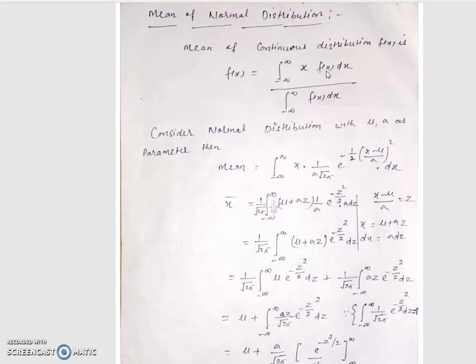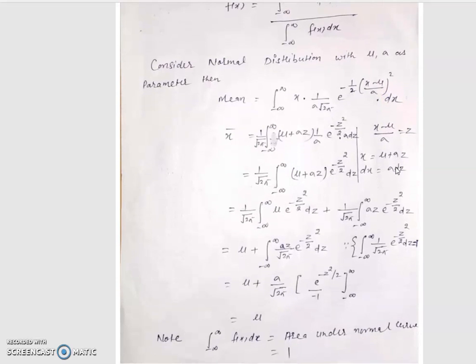This f(x) is the normal distribution. Then the mean value is the integral of x times f(x), where f(x) is 1 upon sigma root 2 pi times e to the power minus half of ((x minus mu) upon sigma) whole squared, dx. Now substitute (x minus mu) upon sigma equal to z. Then x equals mu plus sigma z, and dx equals sigma dz.